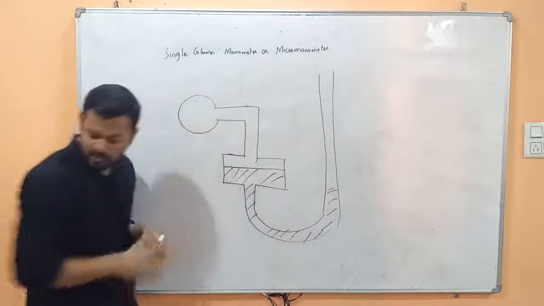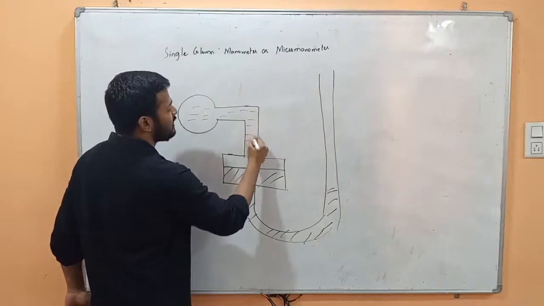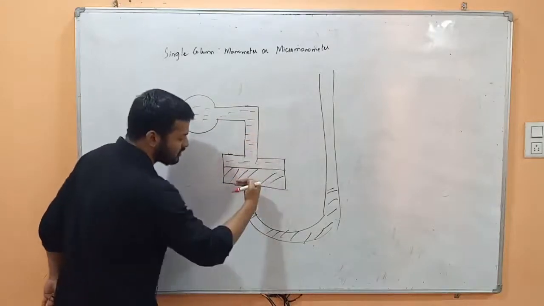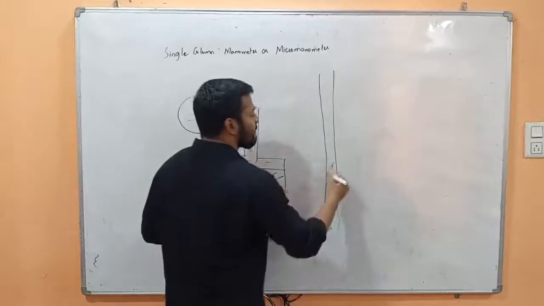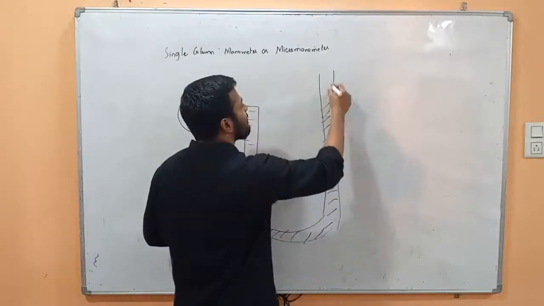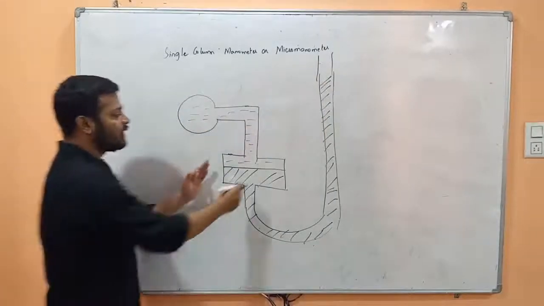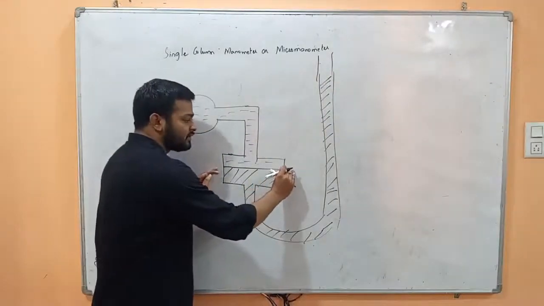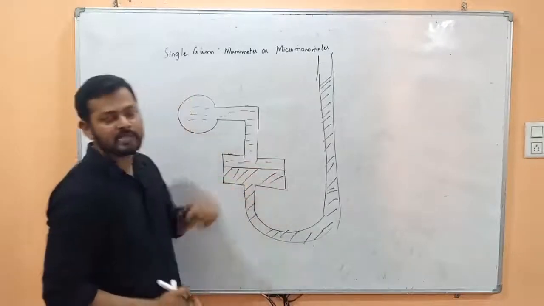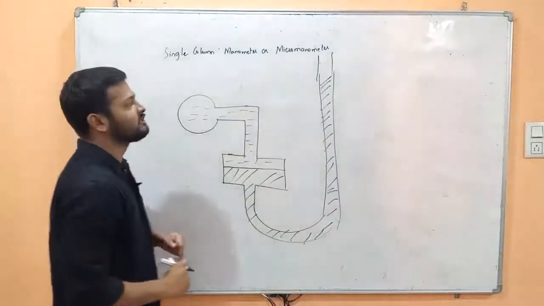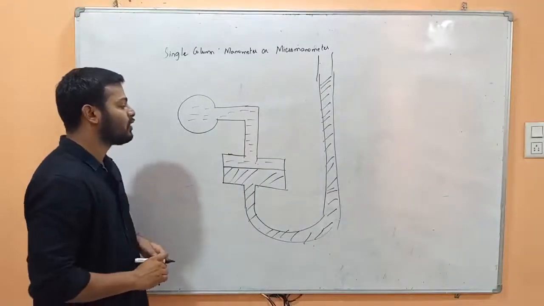Because of the pressure exerted by the fluid inside the pipe, this fluid will push down, so the mercury will rise on the right side. Because the reservoir is very large, the level which it drops is very small, so you don't have to calculate that dropped height, and the calculations become quicker. That's the advantage of a single column manometer.